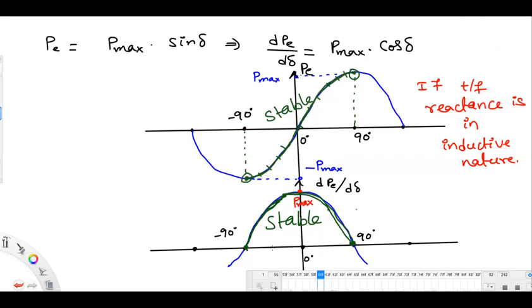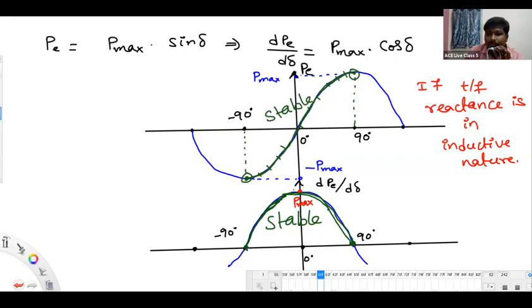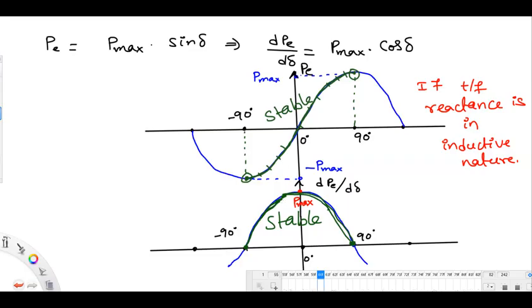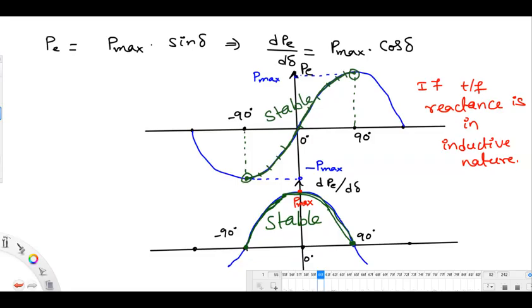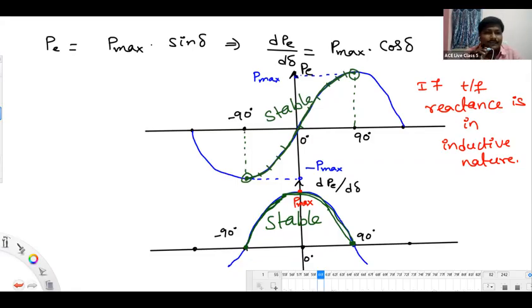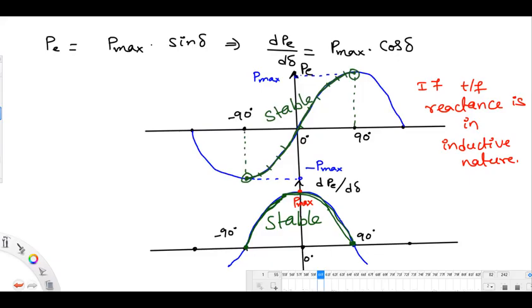From -90 to +90, you have a positive value, right? Then obviously it is a stable region. Then what's the doubt you have? No sir, I thought that from -90 it is increasing and from 0 onwards it is decreasing. That is dPe by d delta change. Okay, got it, sir.